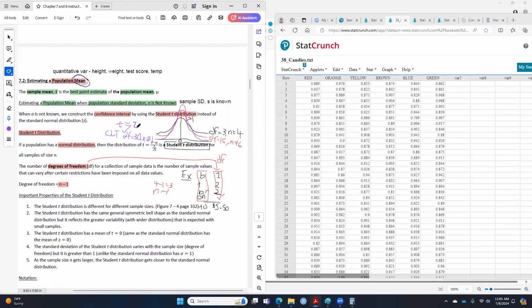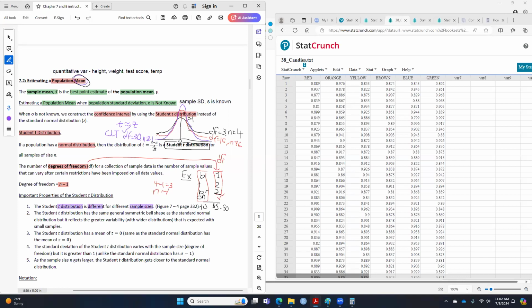Okay, so this is the property that I will bring up to you, so you know what the t distribution property is. Student t distribution is different depending on sample size. You can tell that your shape is still a normal shape, but every shape is different depending on your sample size n or your degree of freedom.